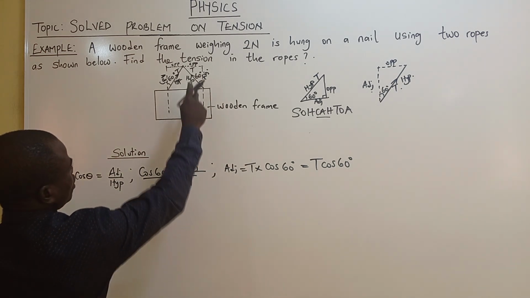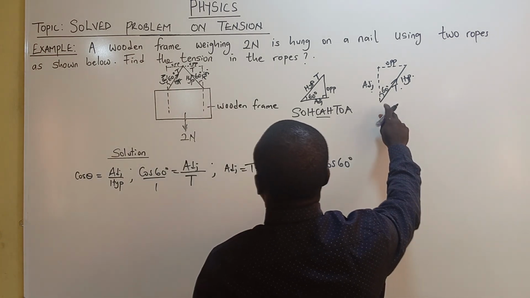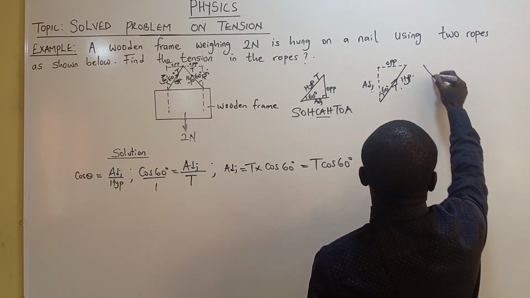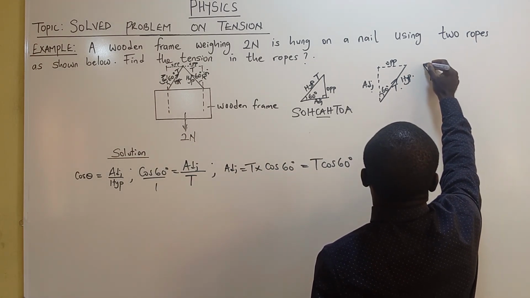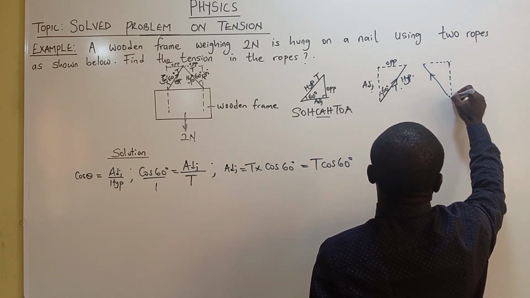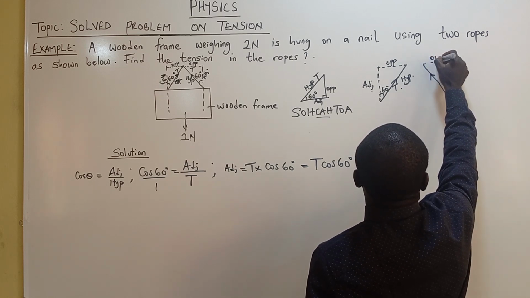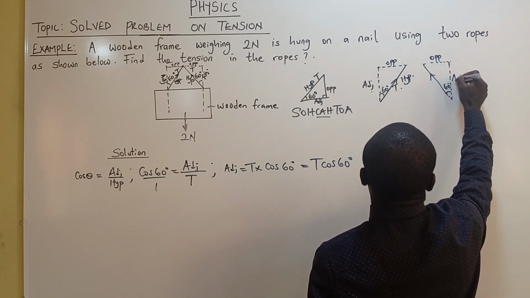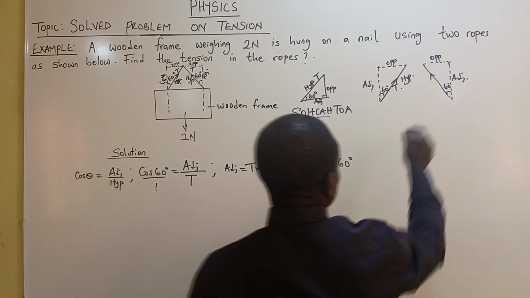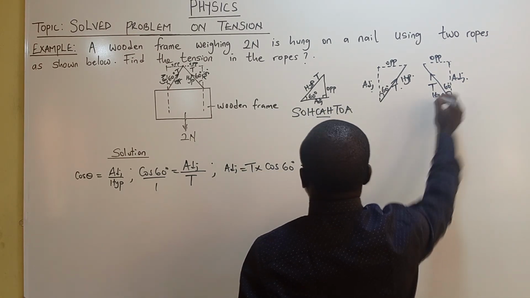Now let's see the other side. It still has the same diagram, but facing this side. You can see 60 degree is still opposite, and we have the adjacent. We still follow cos theta. This is our tension, the hypotenuse.